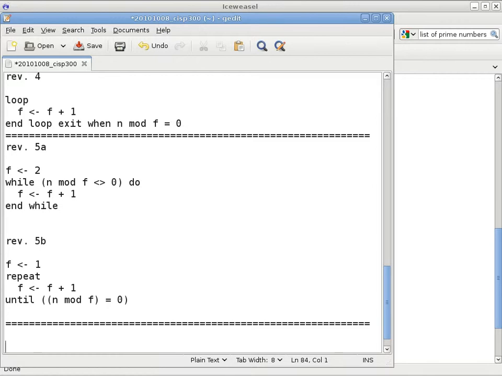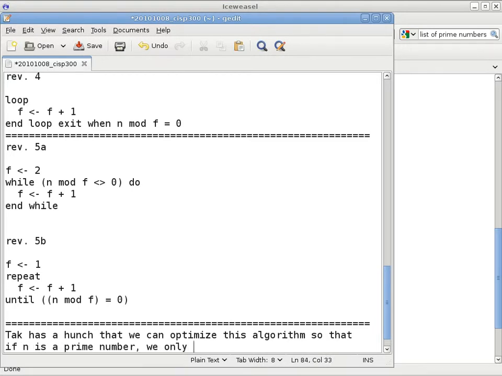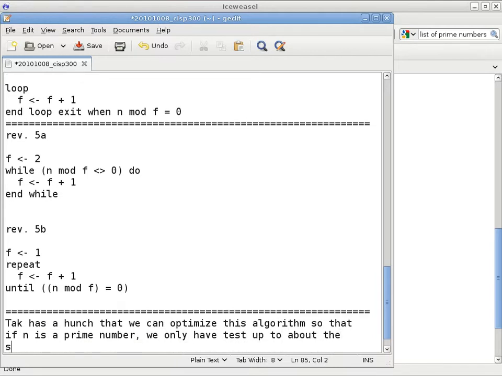In order to optimize the algorithm, we'll just write it down here. TAG has a hunch that we can optimize this algorithm so that if n is a prime number, we only have to test up to about the square root of n to conclude the number n is prime.